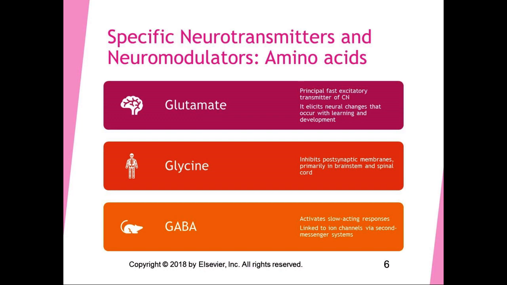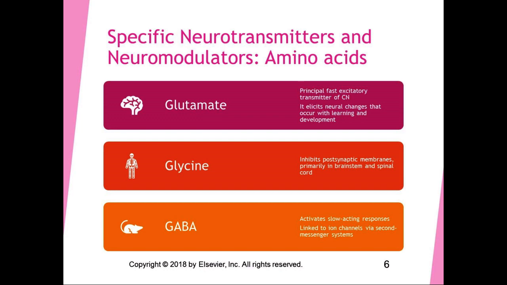It elicits neural changes that occur with learning and development. So it's a really important neurotransmitter in our brain. There are effects that we'll talk about in Chapter 7 of excess glutamate causing cell damage. So it's one of those things where some of it is good and too much of it is not good.